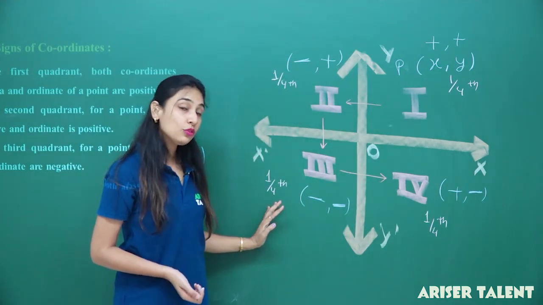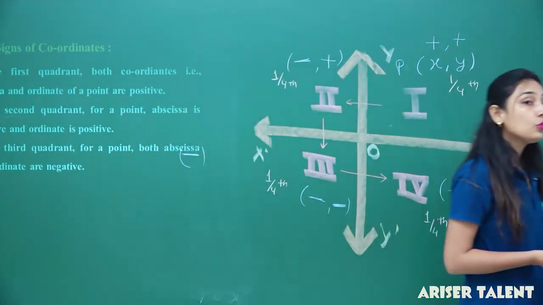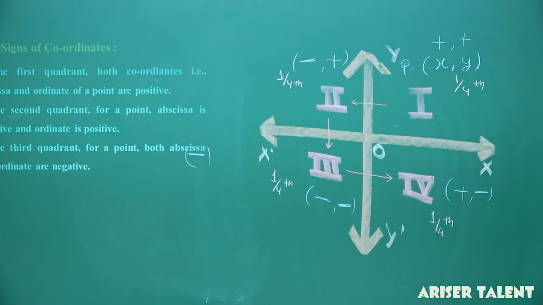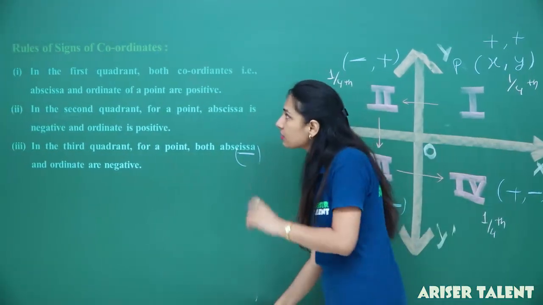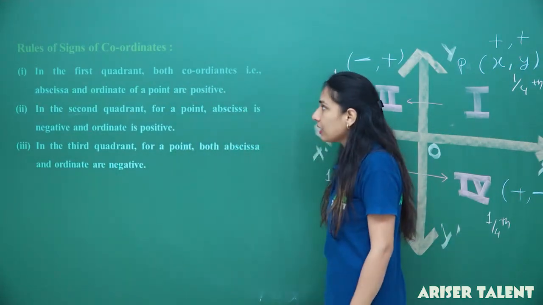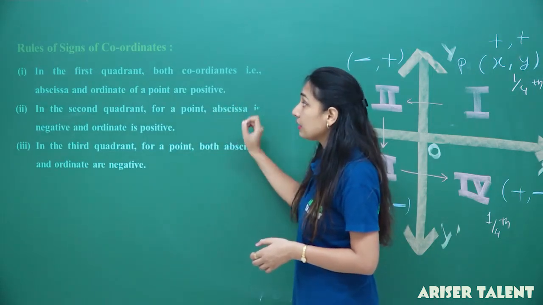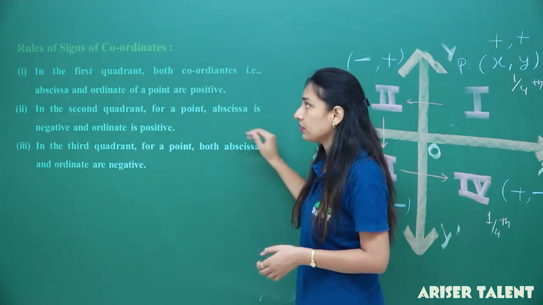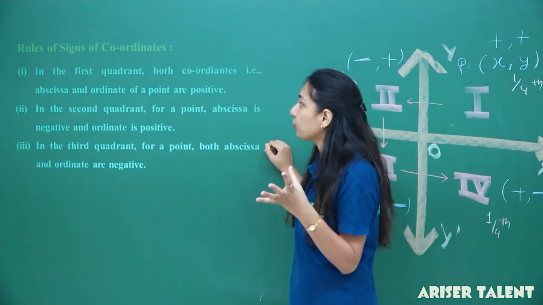Now what you have to do, copy it quickly so that we can move to further things. Okay, if you copied, now if you go with these rules of sign, I have taught you in that manner because I know you are not going to sincerely look at these words, so I have just spoken that for you.